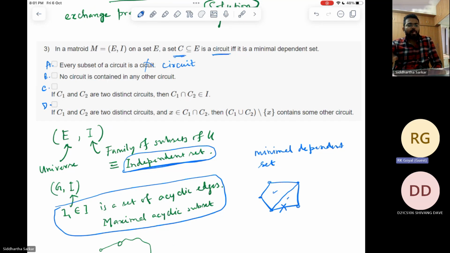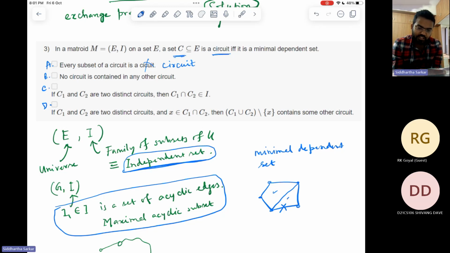So now their question is that every subset of a circuit is a circuit. If I take a subset of the minimal dependent set, then since it is minimal, removal of one edge is going to make it independent. So if I take a subset of it, then either it will become independent already or may not remain a circuit.